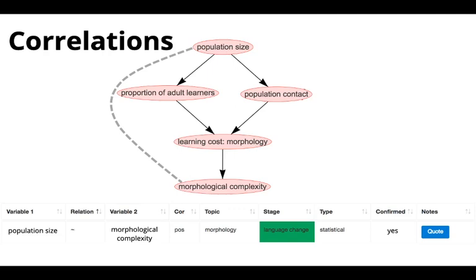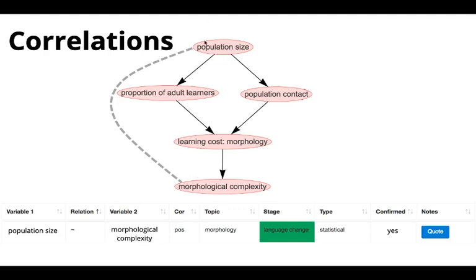So note that you can do things like indicate that a correlation was tested, but the causal relationships were different. So in Lupyan and Dale's case, the causal relationships are these black arrows. But in the paper, the statistical test they actually did was looking at whether the population size predicted morphological complexity.